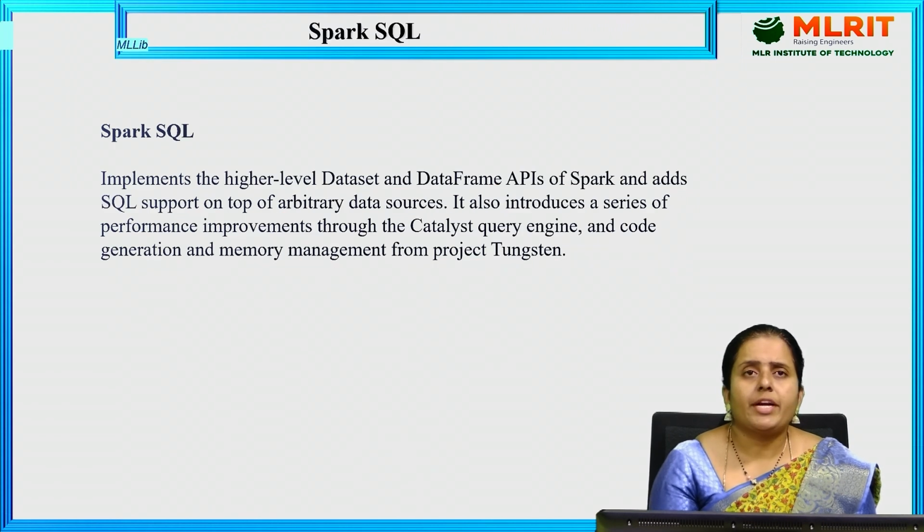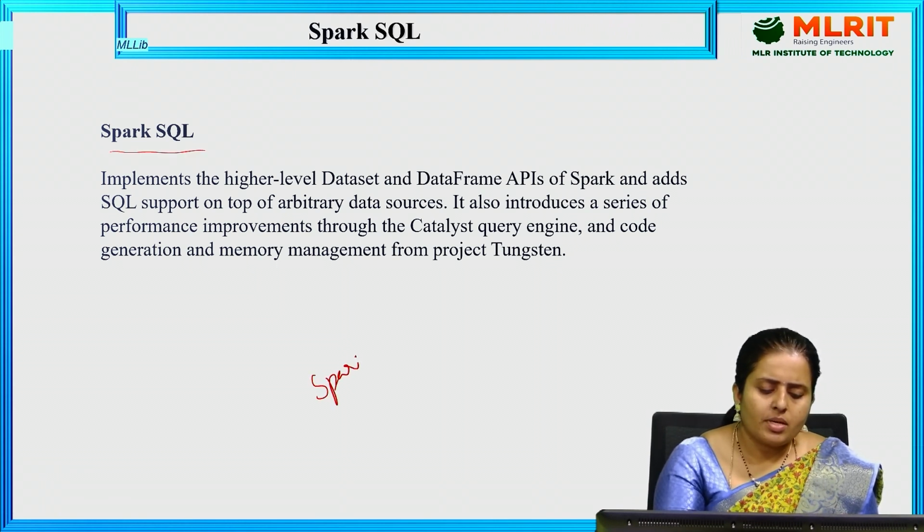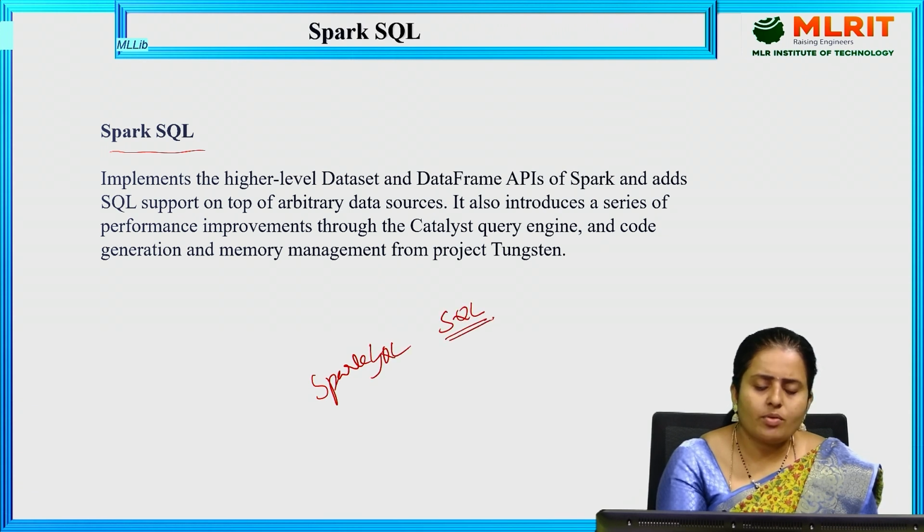So now we'll look into the second component. The second component is nothing but Spark SQL. Here Spark SQL works similar to a normal SQL database. As you know, SQL is nothing but structured query language.